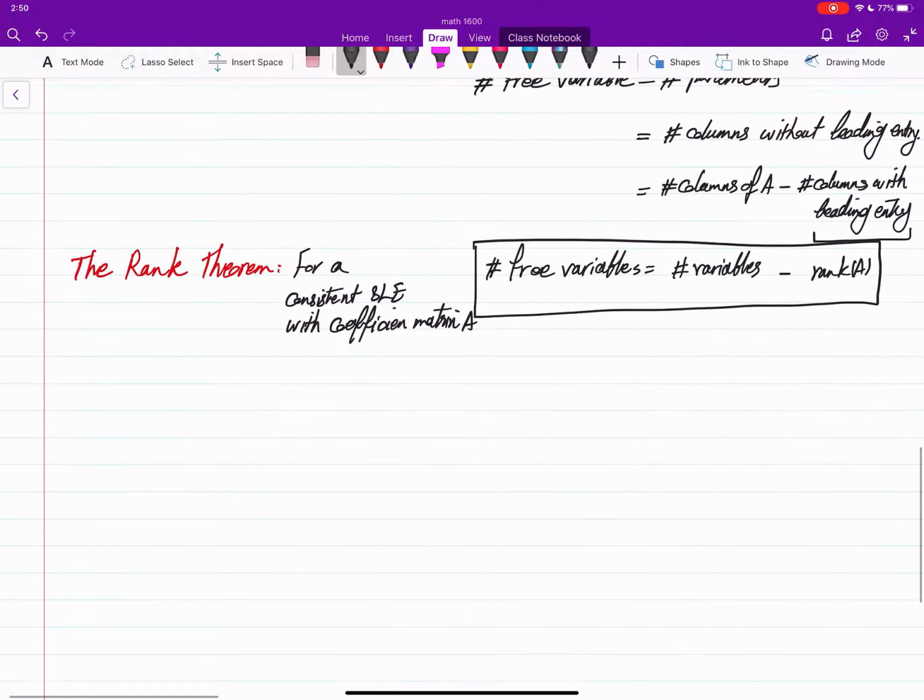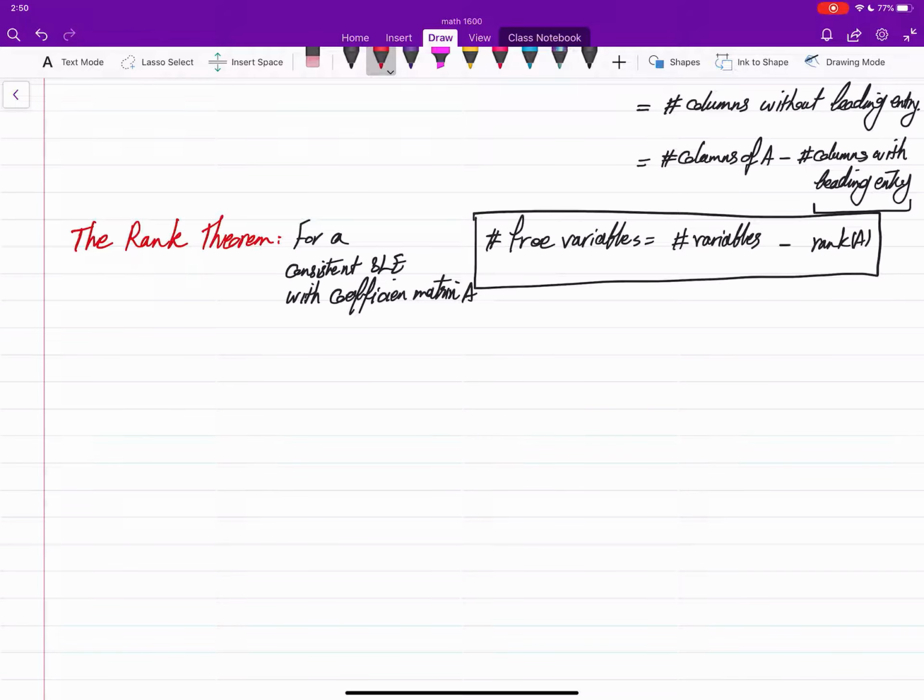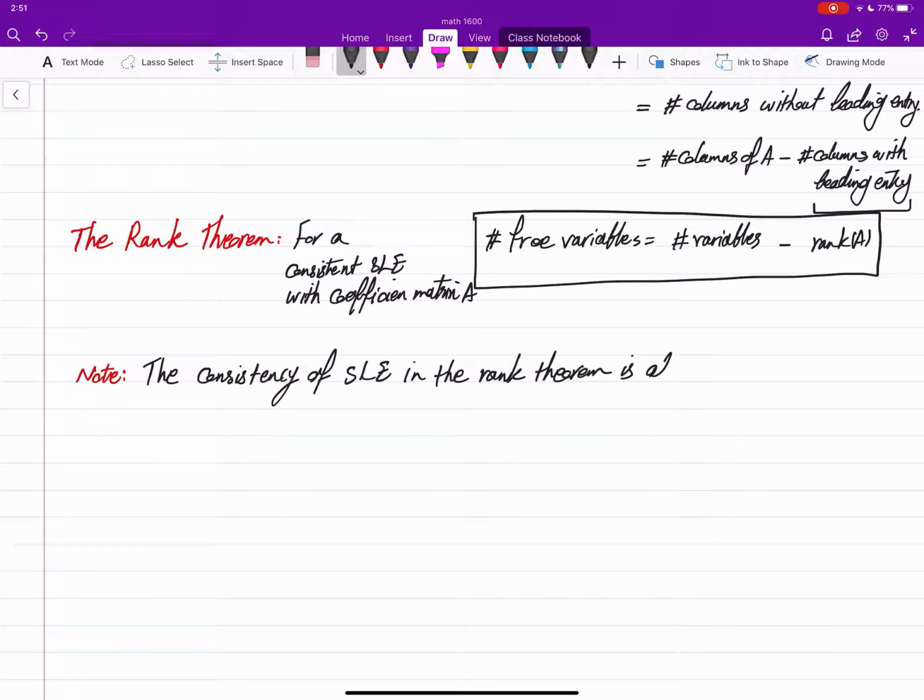Here I have to emphasize again, note that the consistency of the SLE in the rank theorem is an absolutely necessary condition, absolutely required.